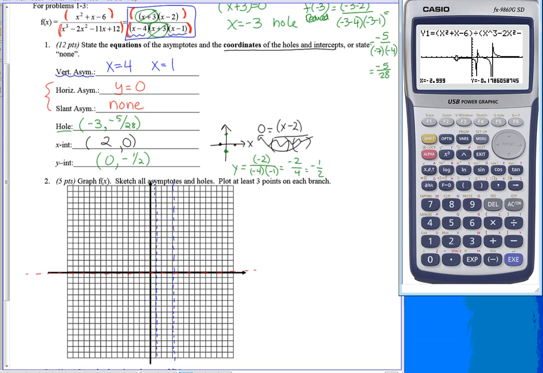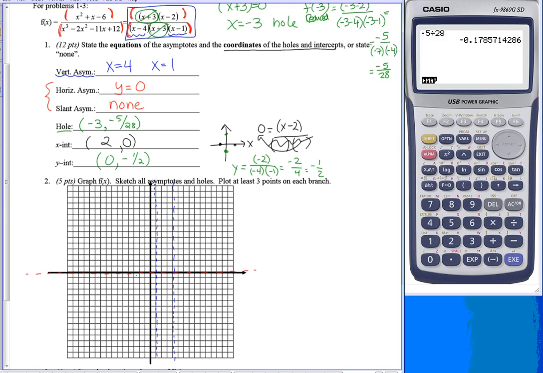I don't know if that's close to what I have, but if I jump back into a regular screen and I do -5 divided by 28, I can see that that's that same decimal. So it looks to me like my hole was in the accurate location. So I'll plot that on my graph. At x is -3, y is down a smidge. I make a nice open circle when I'm drawing that.